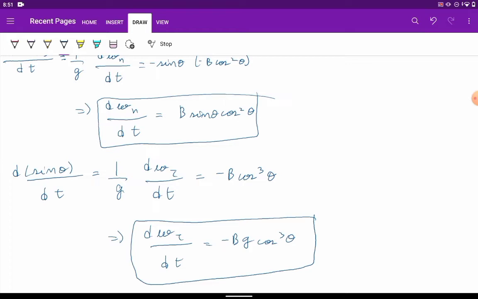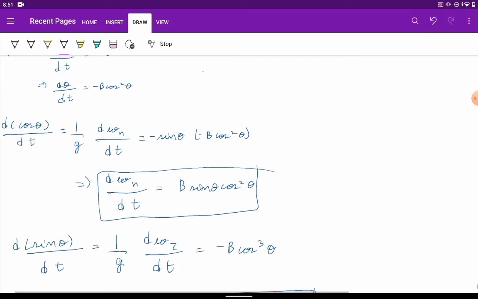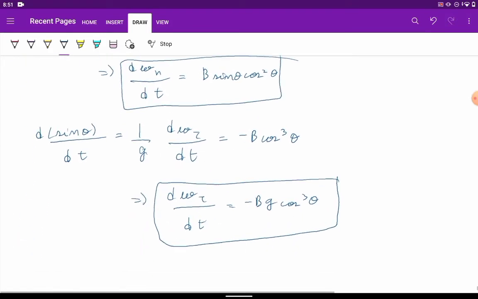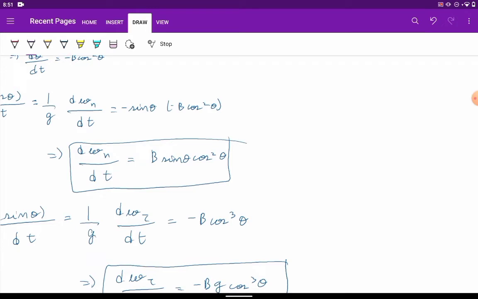Considering dwn by dt for t equal to 0 to t equal to tau by 2, the slope is greater than or equal to 0.